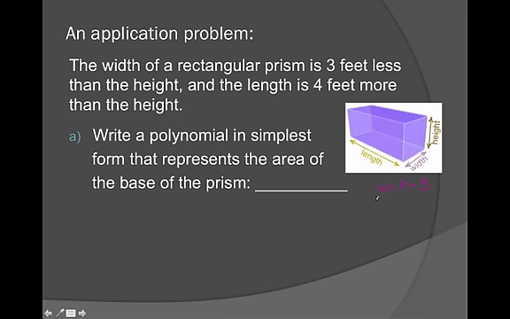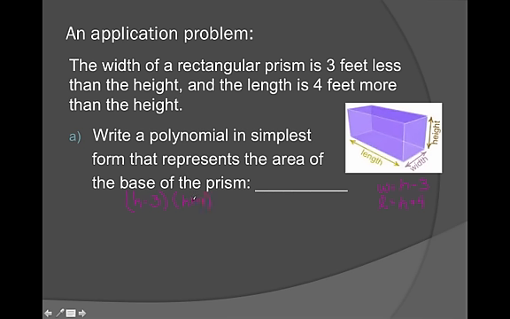And then I've got my length equal to 4 feet more than the height. So I'm going to do h plus 4. And so when it says write a polynomial in simplest form that represents the area, well, the area is going to be length times width, or h minus 3 times h plus 4.